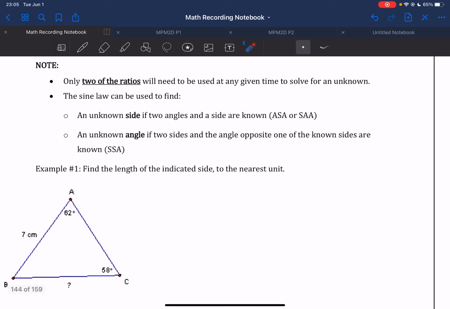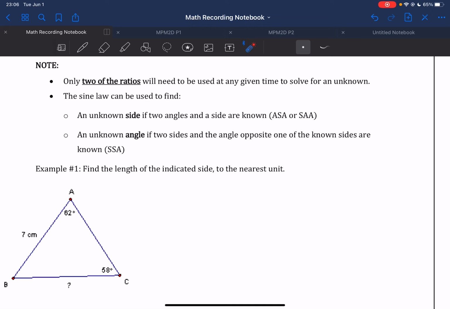Things to know: only two of the ratios will be needed at any given time to solve an unknown. Sine law can be used to find an unknown side if you have two angles and a side known, so side angle angle or angle side angle. Or to find an unknown angle, if two sides and the opposite angle of one of the known sides are known.